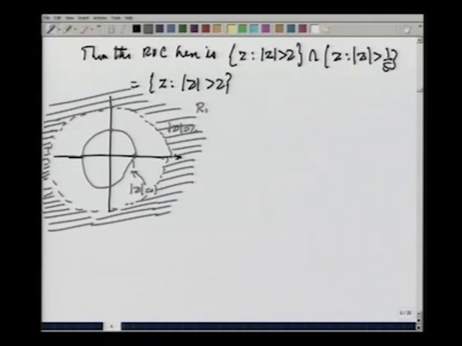Now if you try to plot R2, R2 will be this. At 0.2 you have to draw a circle, and it will be all things radiating out from here.